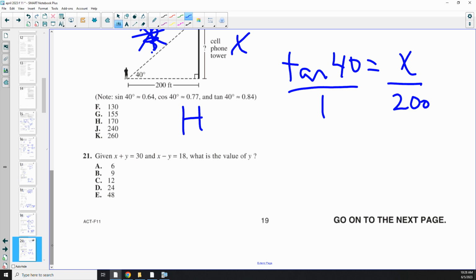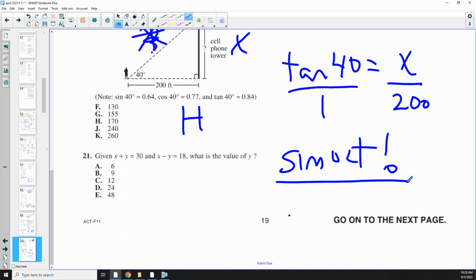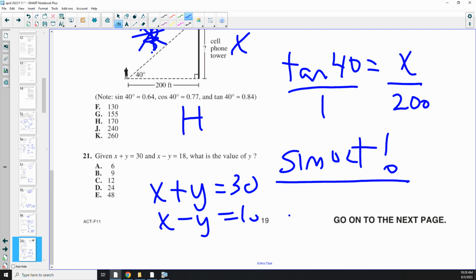This is a classic simult. If you're doing my programs, simult works great. And what you do is enter 1, 1, 30, and 1, negative 1, 18.